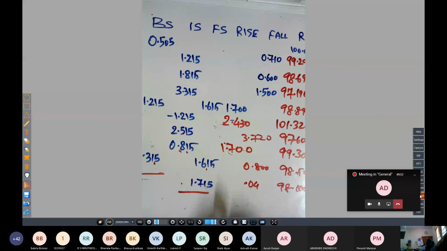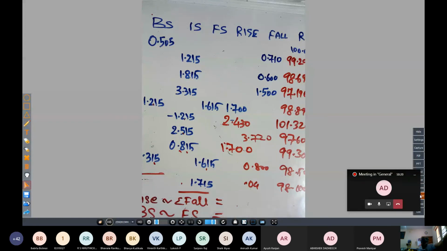Find out sigma rise minus sigma fall, equal to sigma BS minus sigma FS, equal to first RL minus last RL.